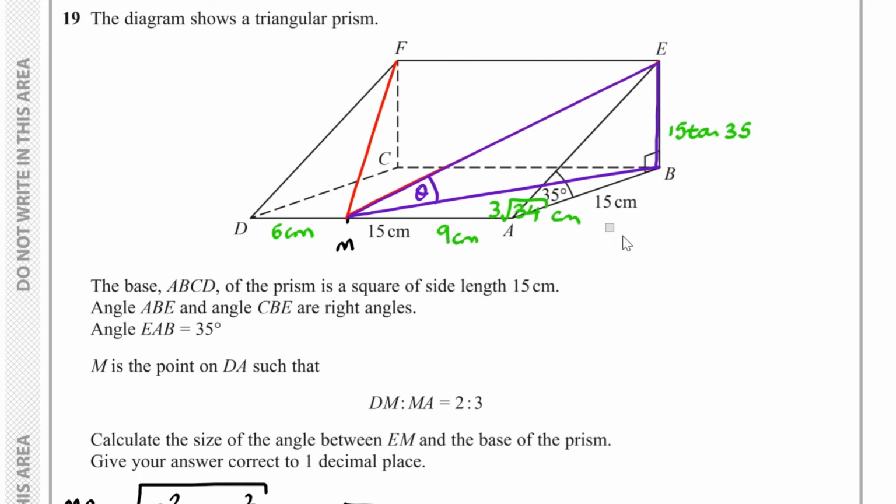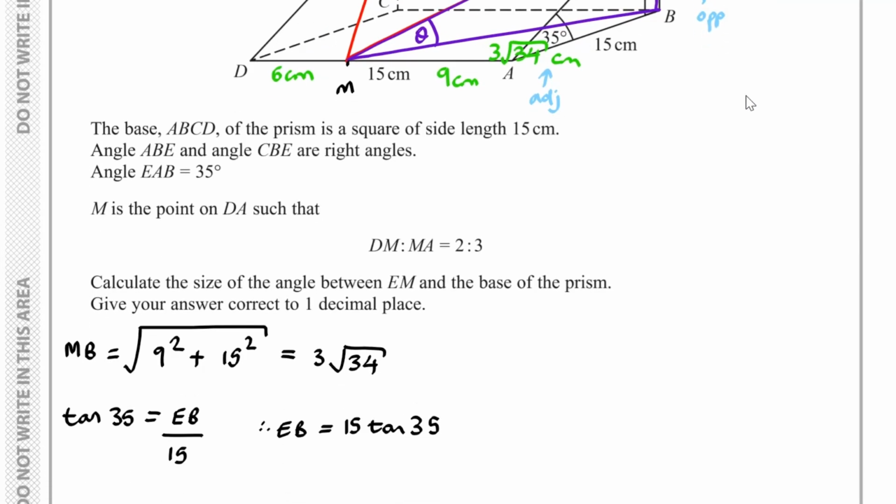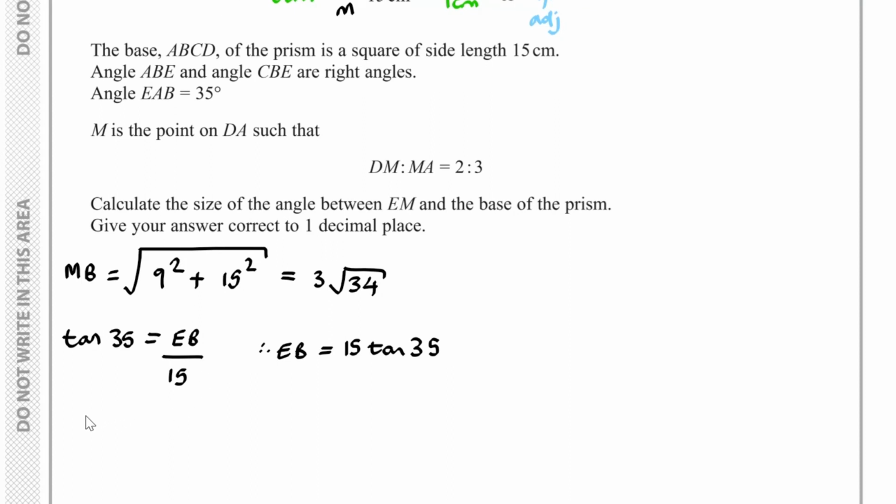Okay, so let's just get rid of this for a second. Now, knowing this length here and this length here, we can find out this angle here. This 3 root 34 represents the adjacent. This here represents the opposite. Again, what connects the opposite to the adjacent is tan. So here we have tan theta equal to 15 tan 35 divided by 3 root 34.